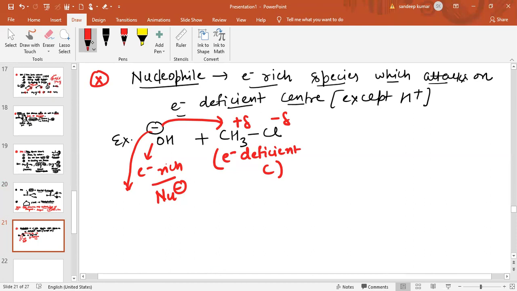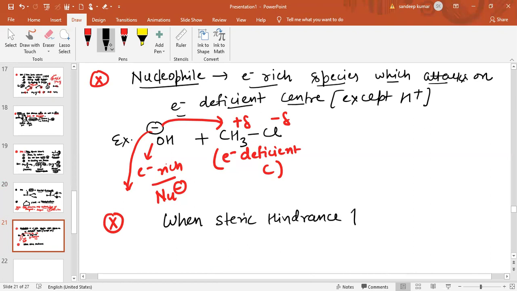And we know that when steric hindrance increases, then nucleophilic strength decreases.